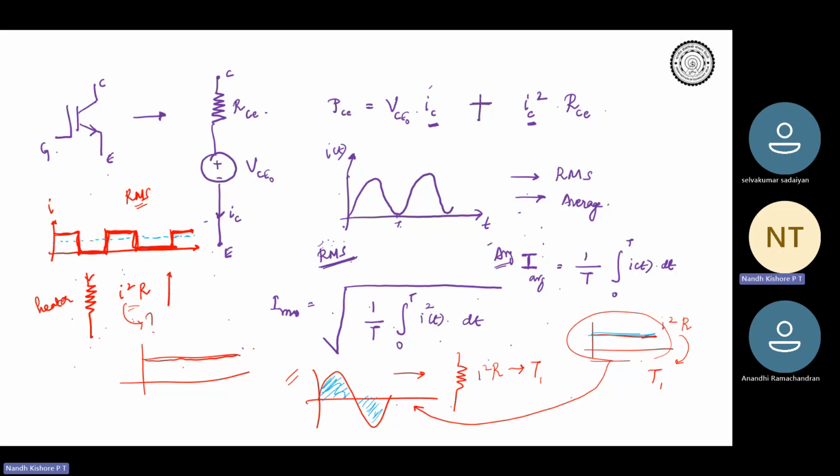Then it means that the effect is the same. You pass a sine wave, the resistor got heated up to 40 degrees. What will be the equivalent steady state current, which if I pass through the resistor, it will again get heated up to 40 degrees? Do you understand this? Yes, sir.